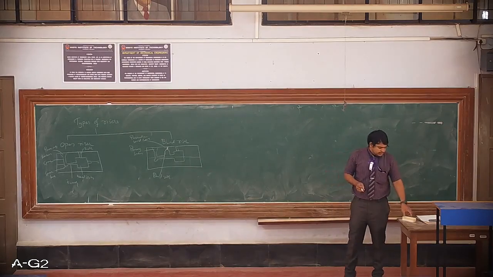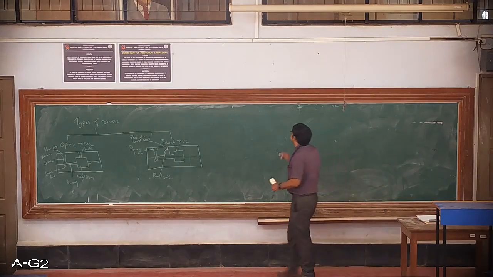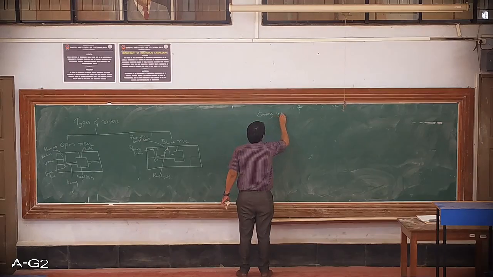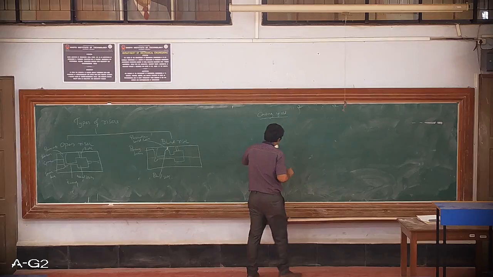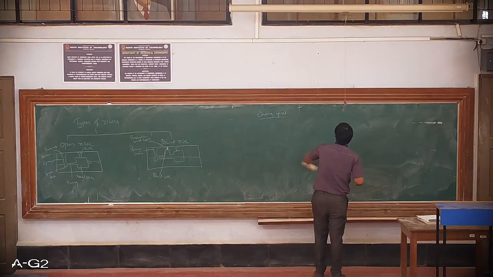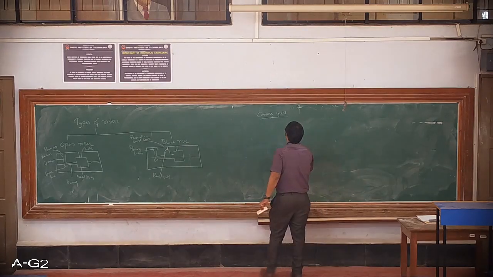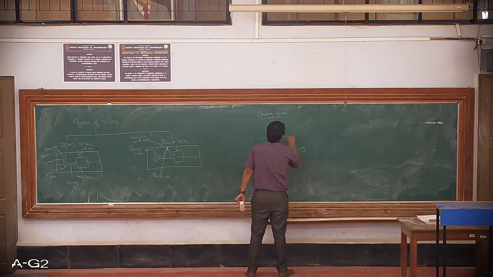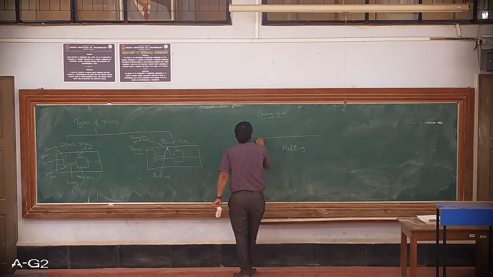And the next one that comes is casting aid. During melting, we generally don't make use of fresh raw material 100%. It will be a combination of multiple materials.